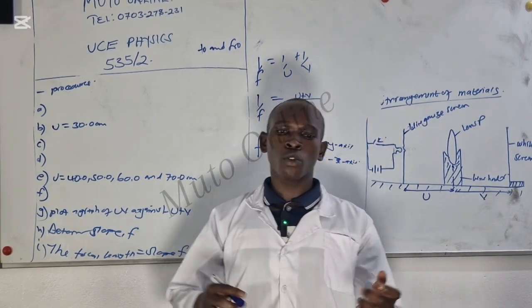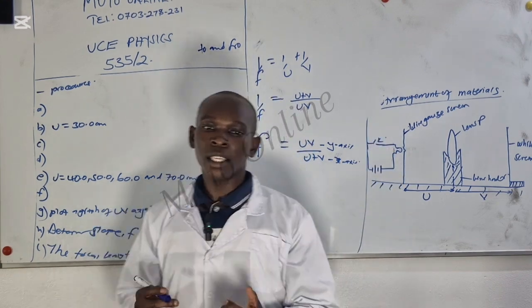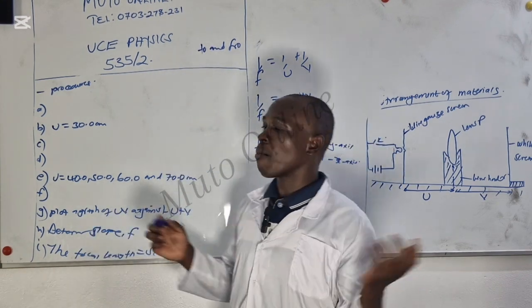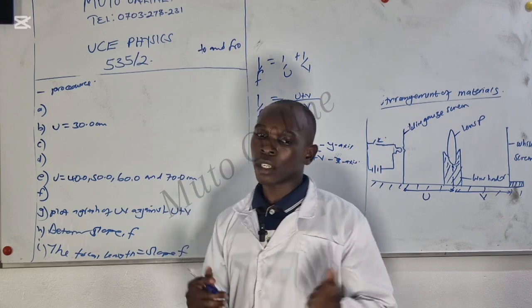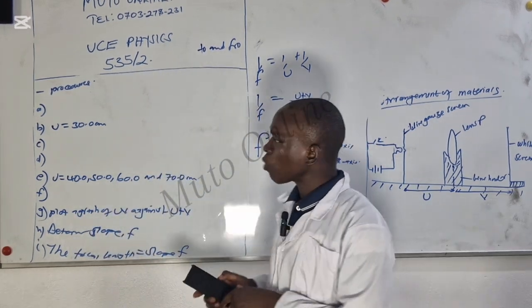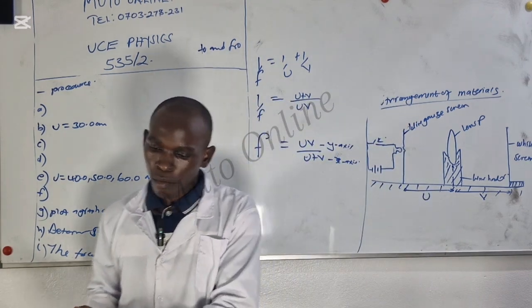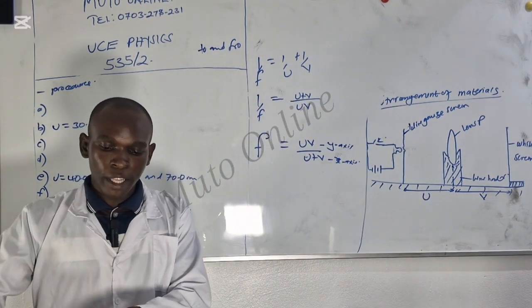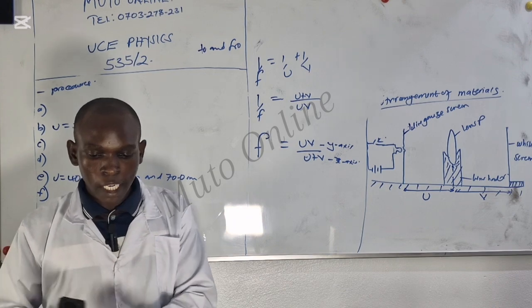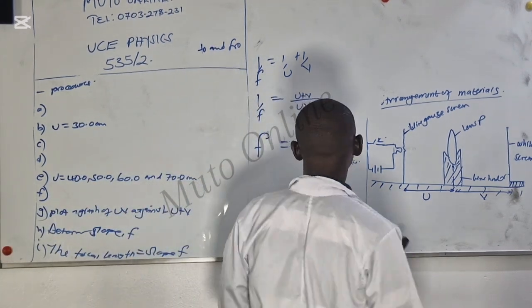Now, we are going to practically see this, and then thereafter look at how best we can get these values. However, you need to have data analysis, but before even that, we need to look at the errors identified and their mitigations.